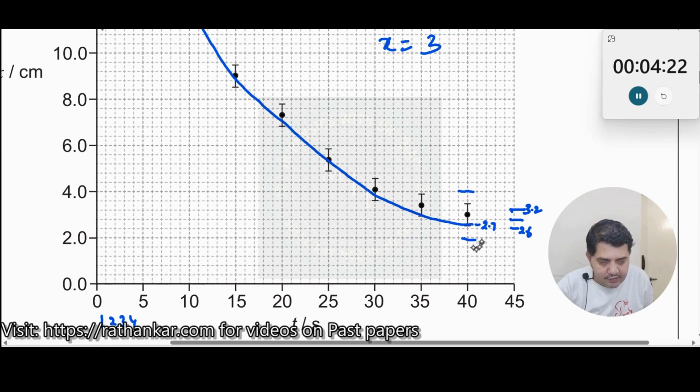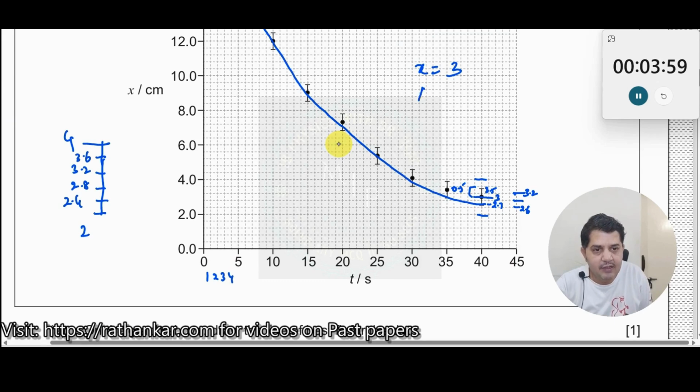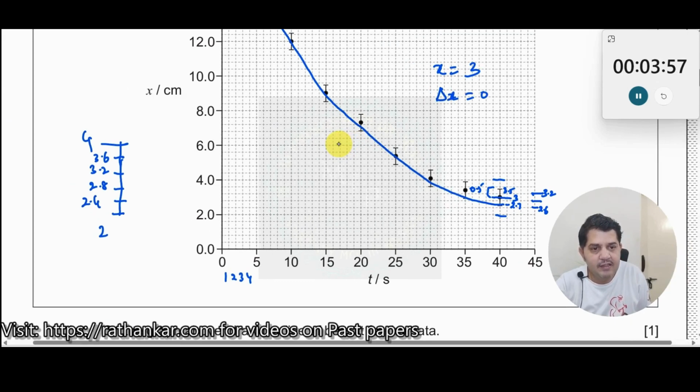And this one could be around 3.5. Now the difference here: this midpoint is 3, and this is 3.5. So definitely this distance should be 0.5. This is your delta x. So delta x is equal to 0.5.